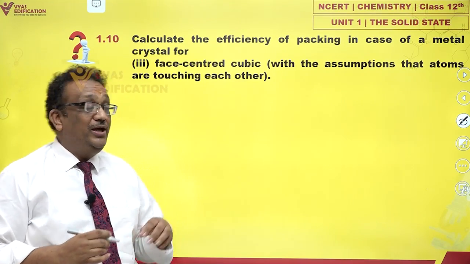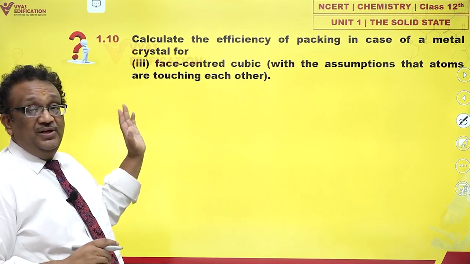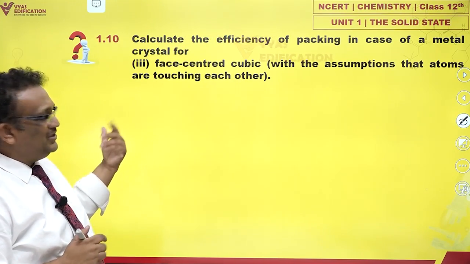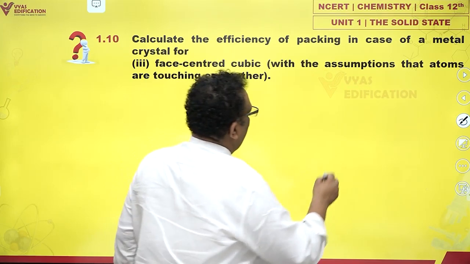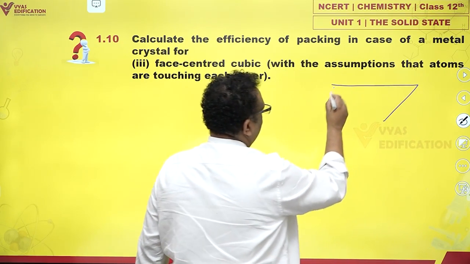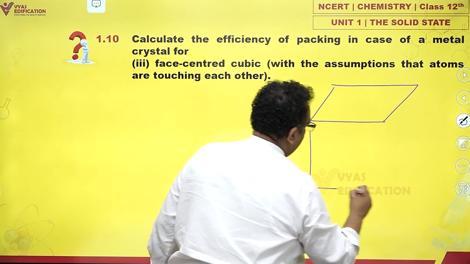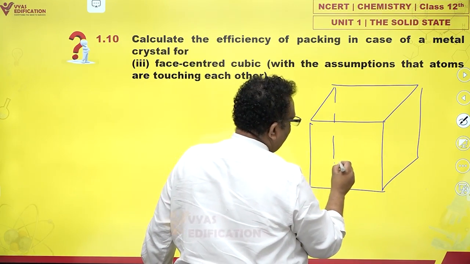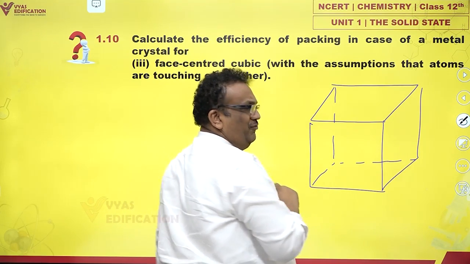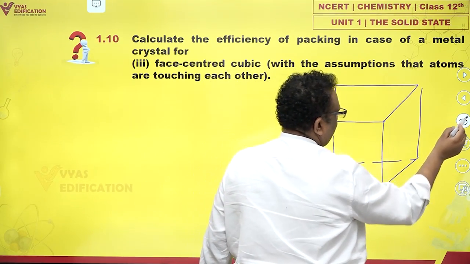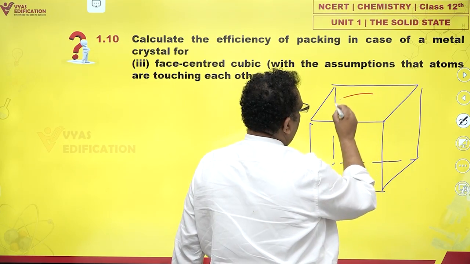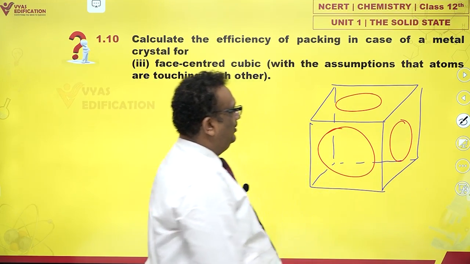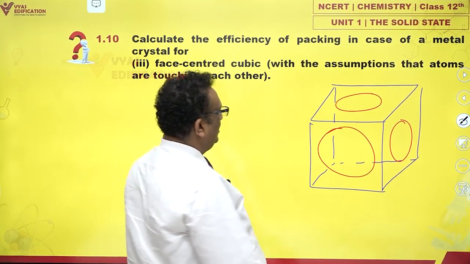Now we have to calculate the efficiency of packing in case of a face-centered cubic or FCC structure. How do we do that? First, let's make a unit cell. How would you draw a proper FCC structure? Draw with me. First, draw the face-centered atoms like this. And what about the corners?